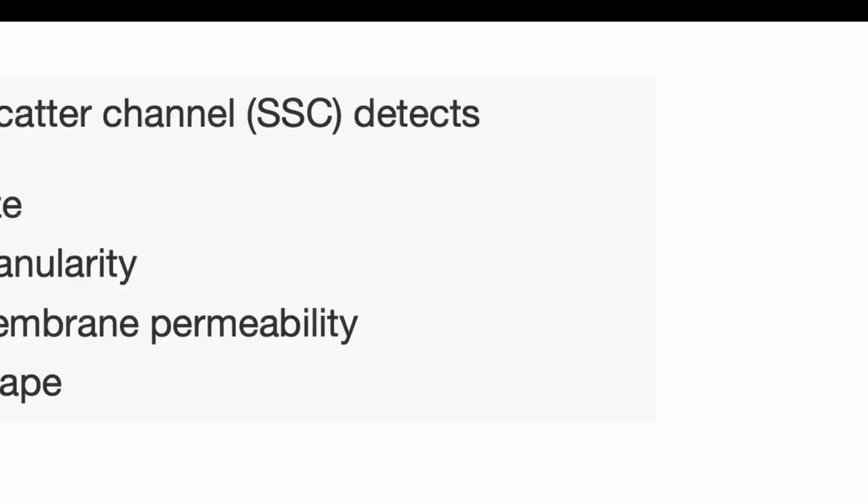When I say side scatter channel, I am referring here to the FACS or MACS sorting. What is the side scatter channel plot detecting? Is it detecting cell size, cell granularity, cell membrane permeability, or cell shape? Let us wait for a minute and collect some answers.